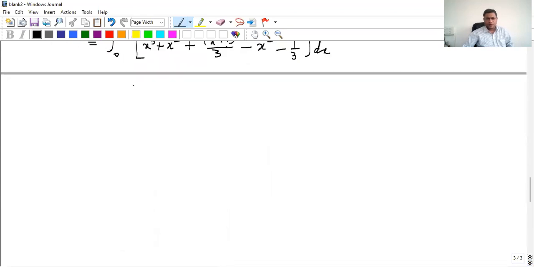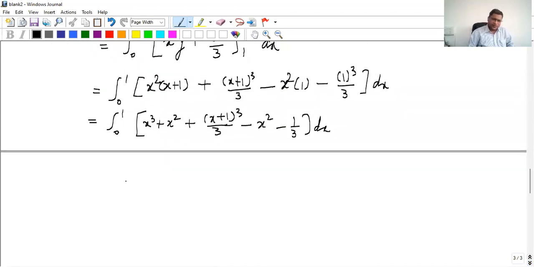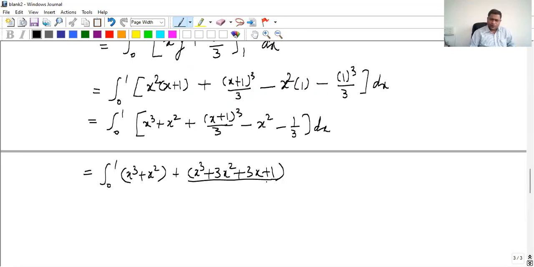Okay. Now simplify this. So we can have 0 to 1, x cube plus x square plus, if we simplify, x cube plus 3x square plus 3x plus 1 by 3 minus x square and minus 1 by 3.